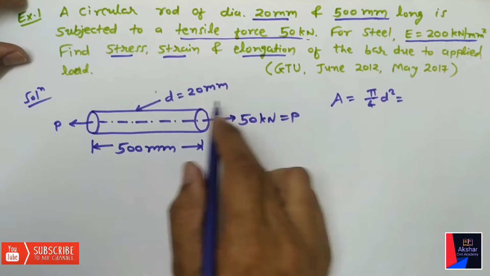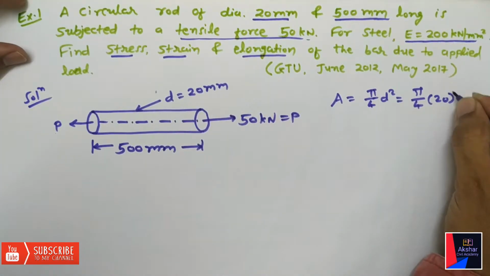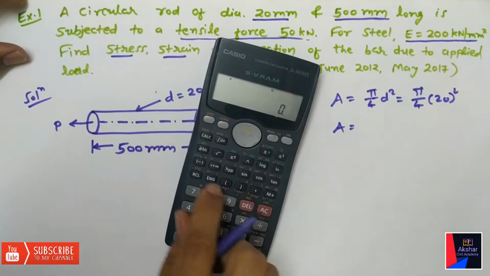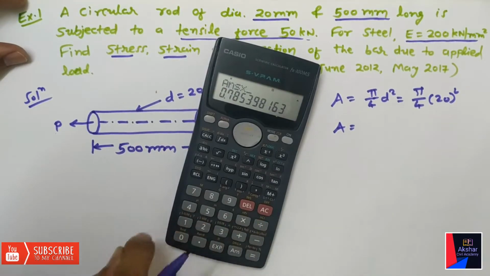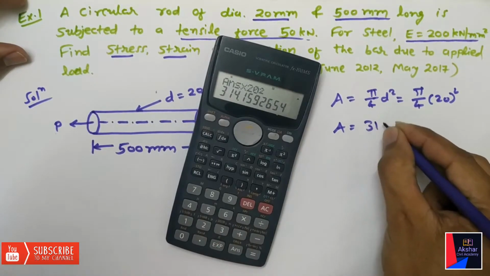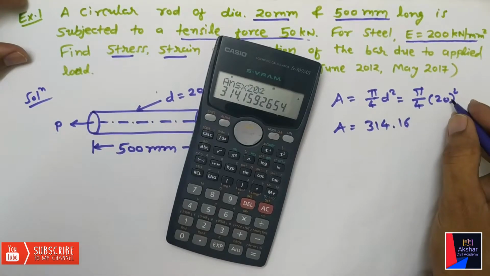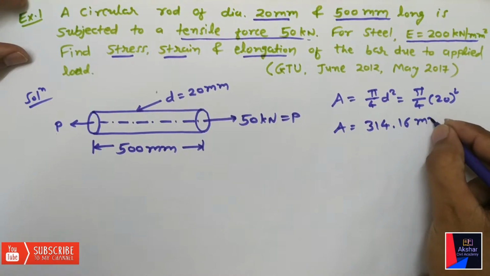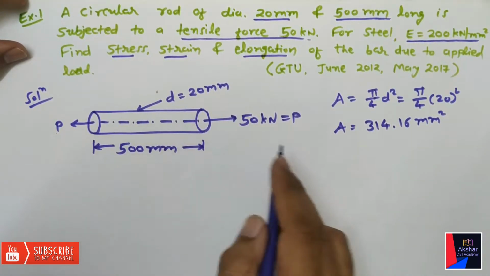Here d is equal to 20, so pi by 4 multiplied by 20 square will be equal to 314.16. Here diameter is given in mm, so the unit will be mm square. So this is the area of cross section.